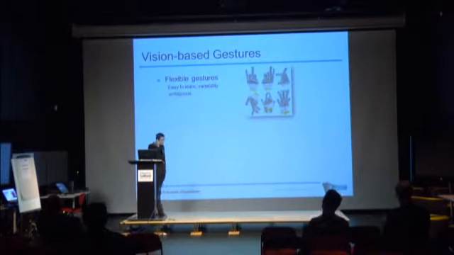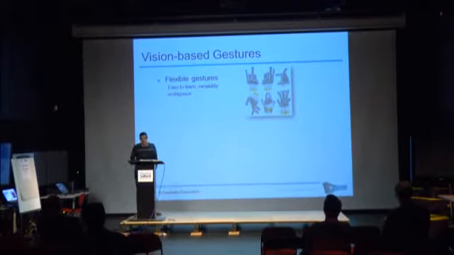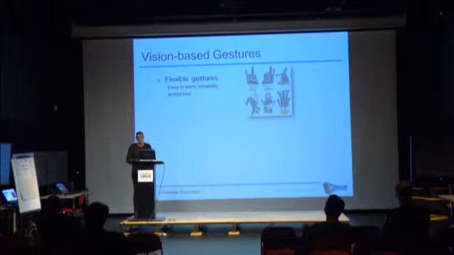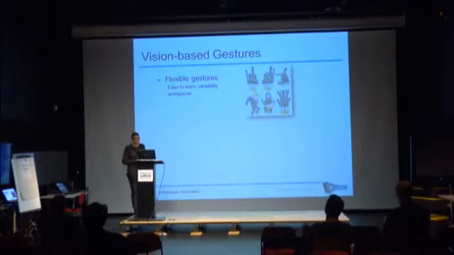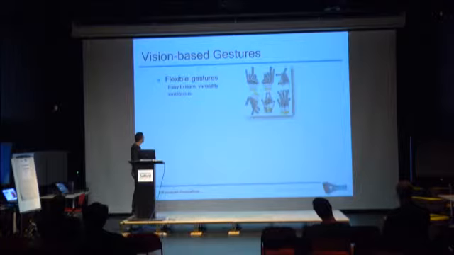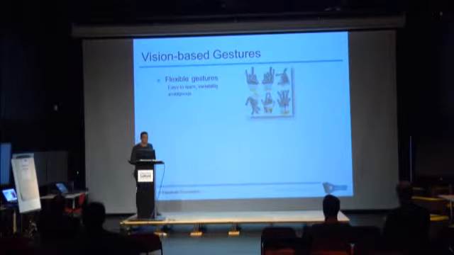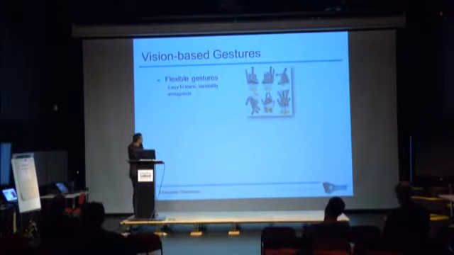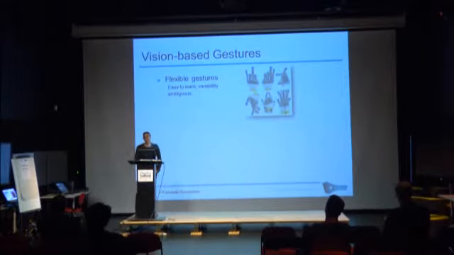So when we think about this gesture control, of course we have to take some things into account. One of the things is that you have to end up with flexible gestures, in the sense that, of course, gestures have to be natural, as I said, but they have to be easy to learn. You can really think about different gestures, something really complicated, but people will tend to forget.